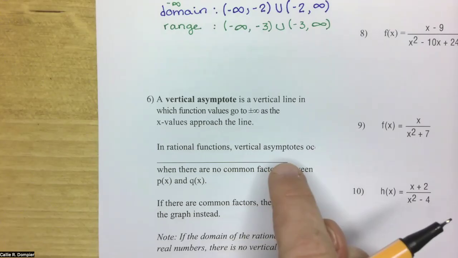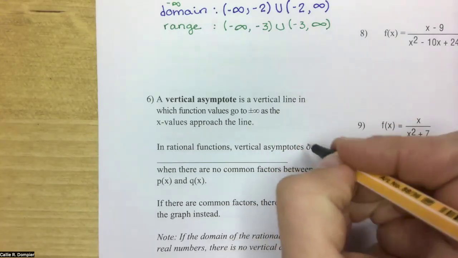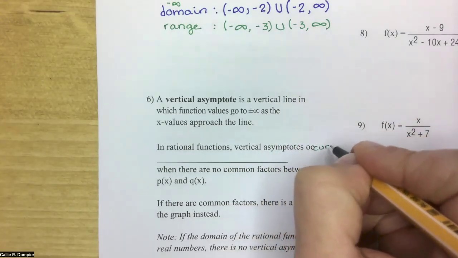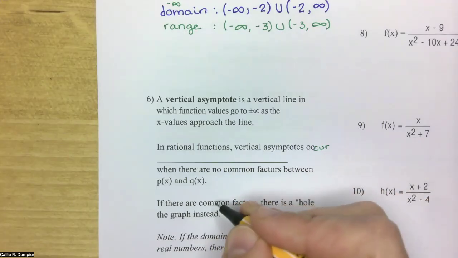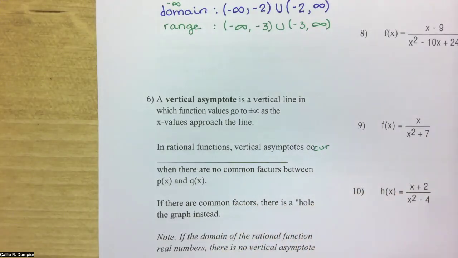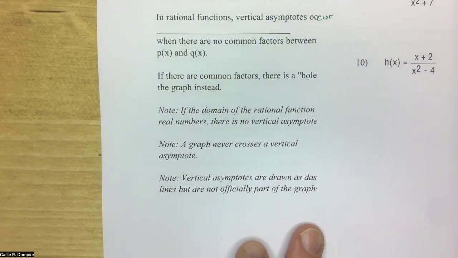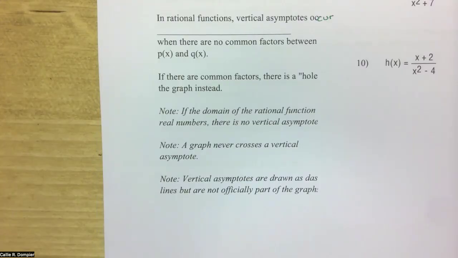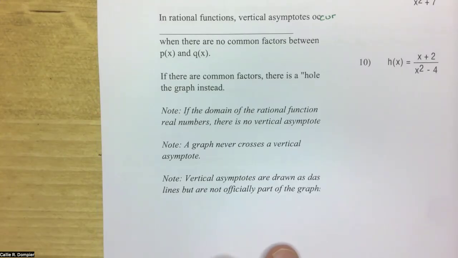In rational functions, vertical asymptotes occur where there are no common factors between p(x) and q(x), okay? If there are common factors, there is a hole in the graph instead. If the domain of the rational function is just real numbers, there is no vertical asymptote, right?